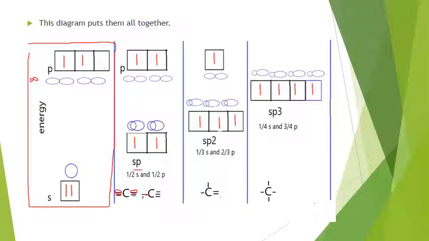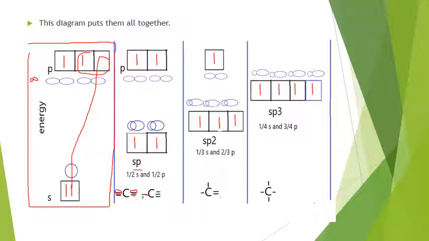Okay, now the other type is where 2 of these combine with s, and it forms an sp2 hybrid. Now notice it's a little bit higher energy than this guy. That's because it's got more p character, because p has a higher energy than s, and its orbitals also start to look more like p.